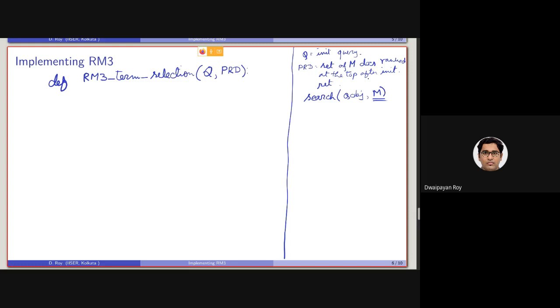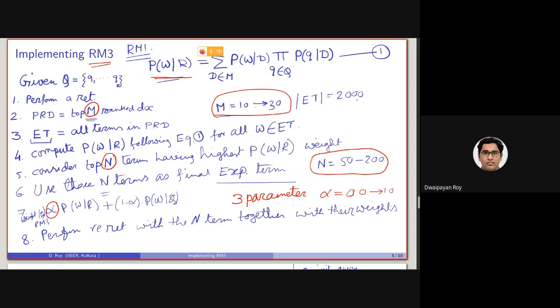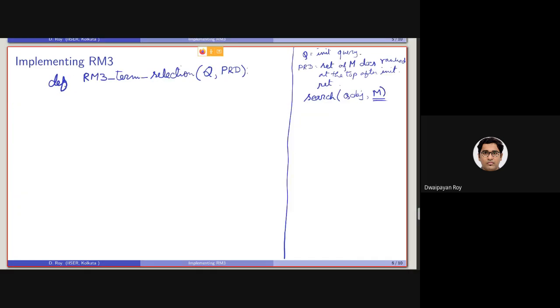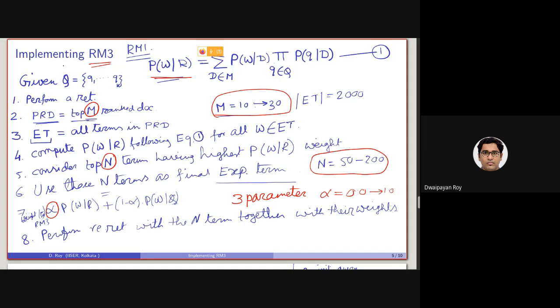That is the number of pseudo-relevant documents to be considered. All right. So based on that M documents, what we need to do is compute this. So basically, we are done up to this. In this RM3 term selection function, we are passing this as the first parameter and we are passing this as the second parameter.